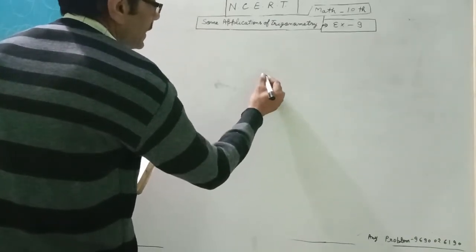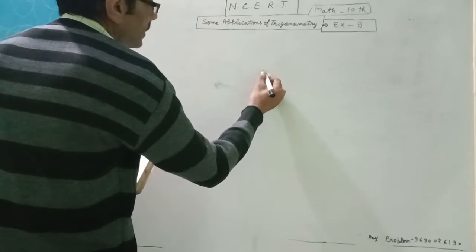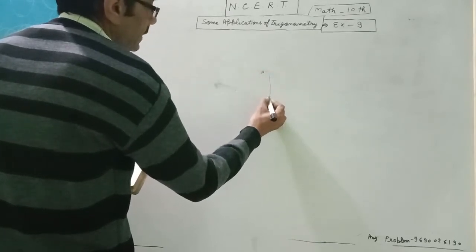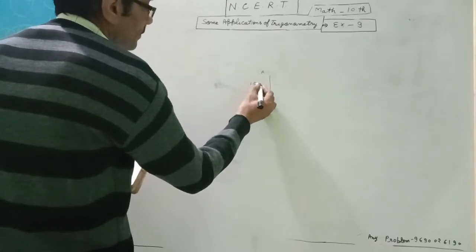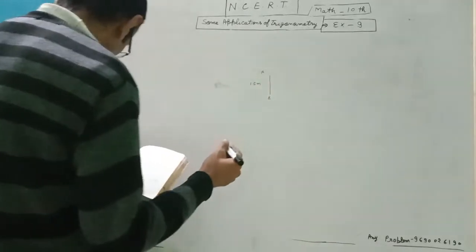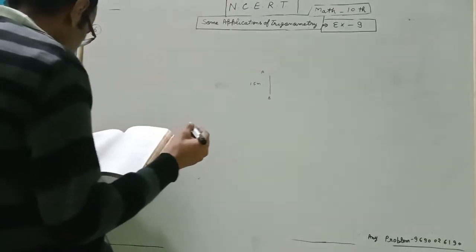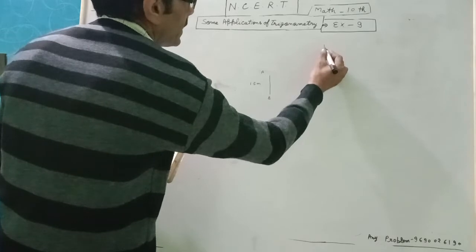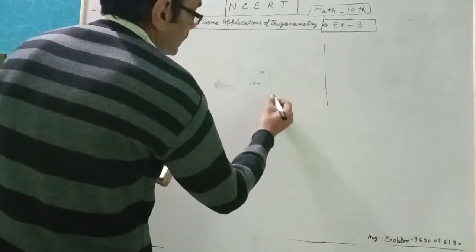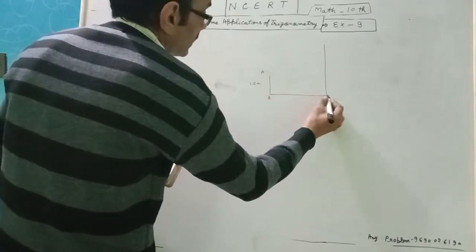AB is the boy, whose height is 1.5 meter. CD is the building, which is 30 meter tall.